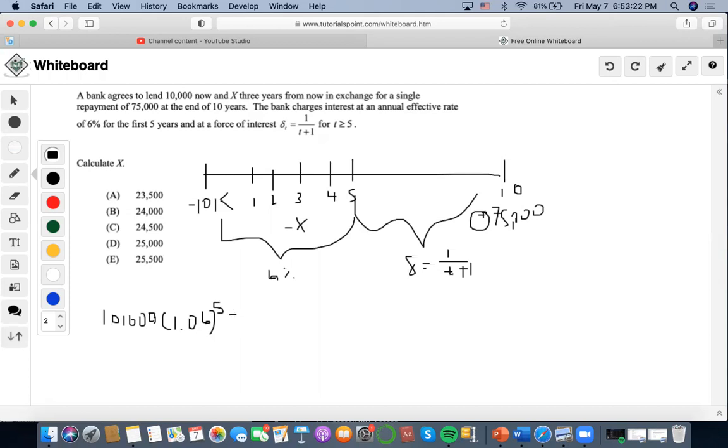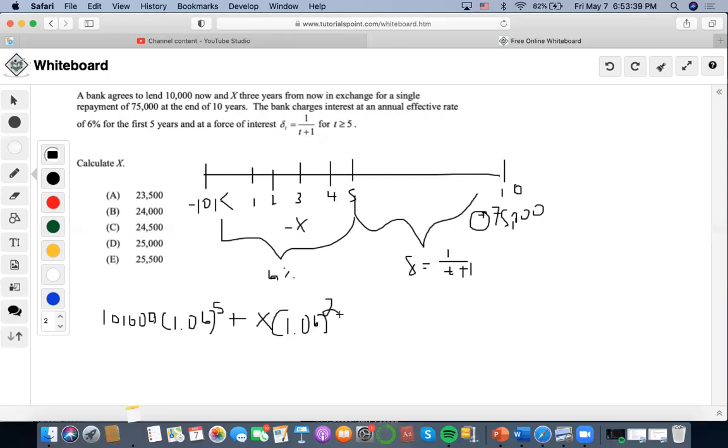And then on top of that, the duration where this 6% is sitting is 1, 2, right? It's going to grow at an effective 6% for 2 years, right?